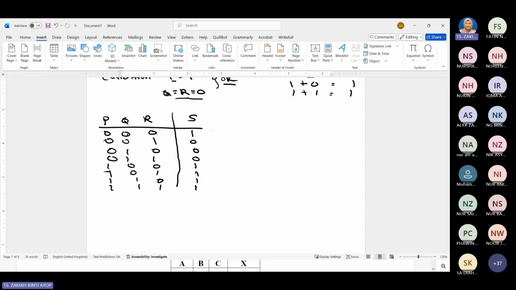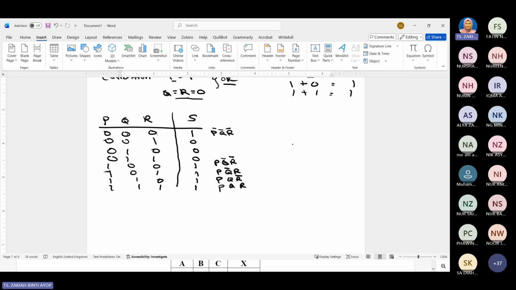In this case, you use P bar, Q bar, R bar, and then P, Q bar, R bar, and then P, Q bar, R, and then P, Q, R bar, and then P, Q, R. Now try to simplify this using a Boolean expression.